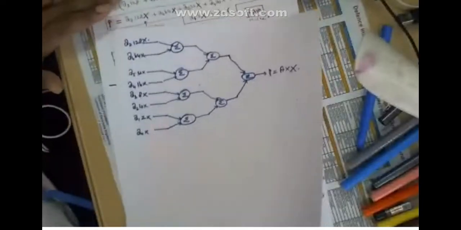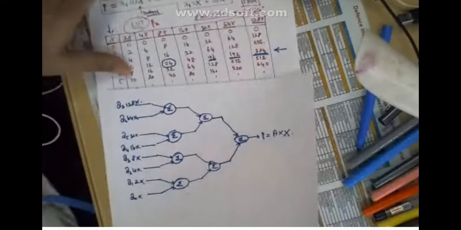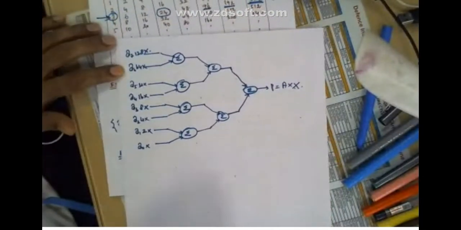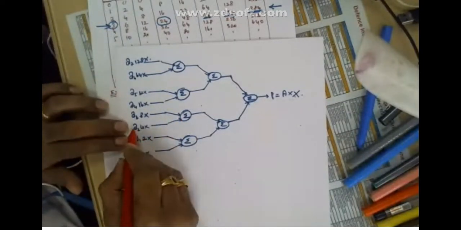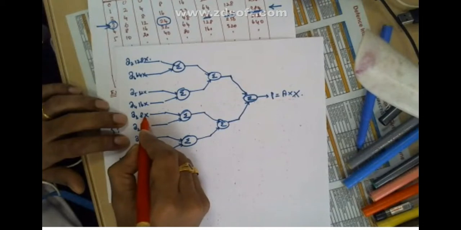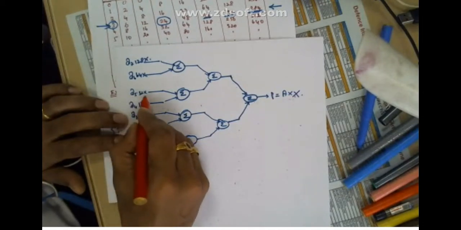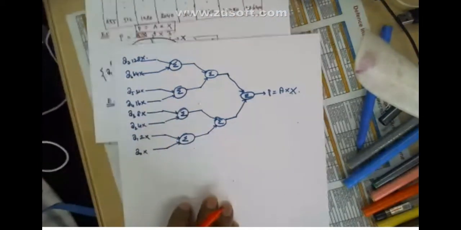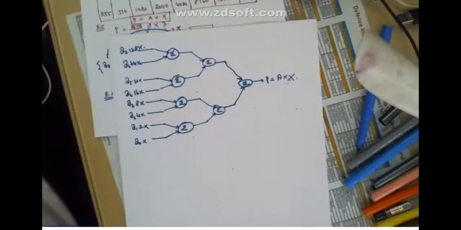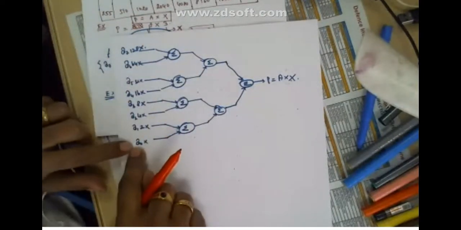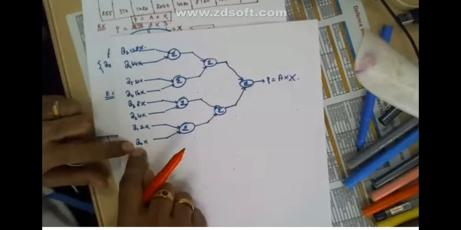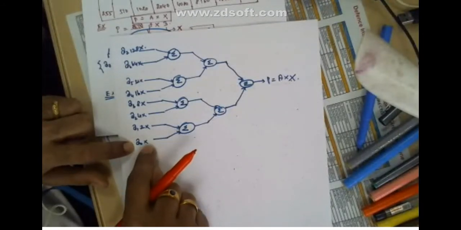So the idea is, this value here, this A naught X, A1 2X, A2 4X, A3 8X, A4 16X, 32X, 64X, 128X is there now, right? Look here in this adder, if A naught is 1, then this value will be taken.